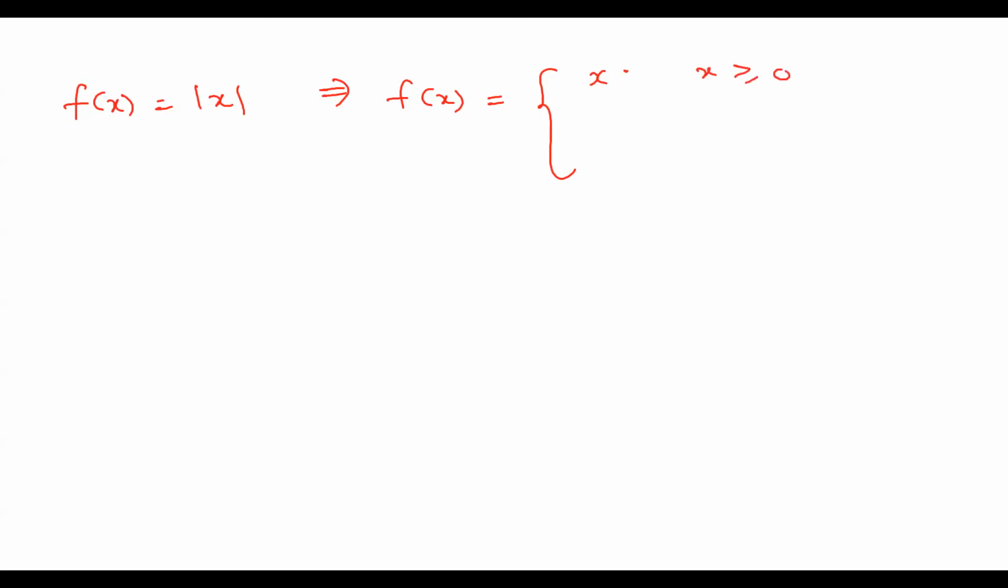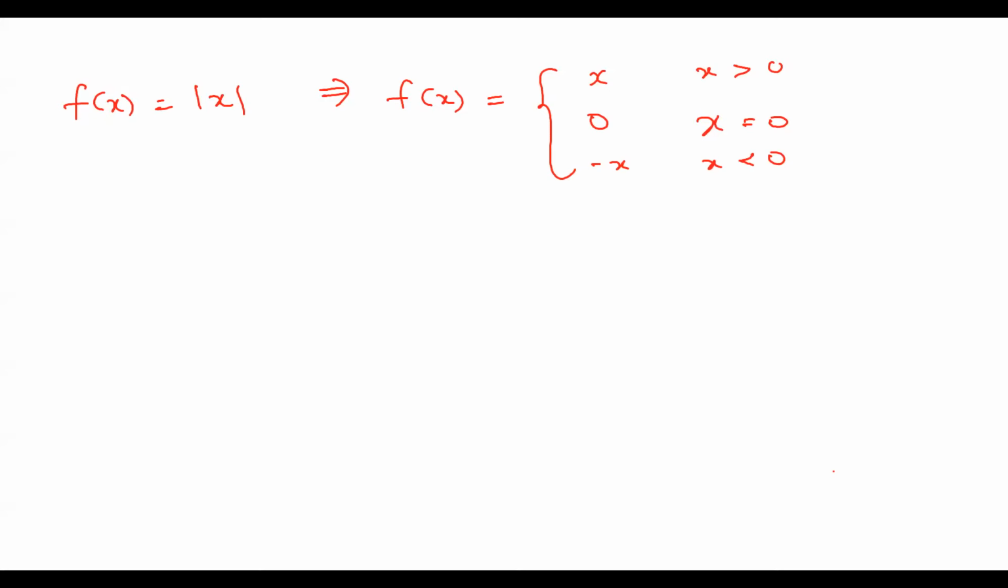See, generally some books refer to it like this. I write it in this way: when x is greater than 0, it is x; it is 0 when x is equal to 0; it is minus x when x is less than 0. Everybody knows this? So this is the meaning of redefining.